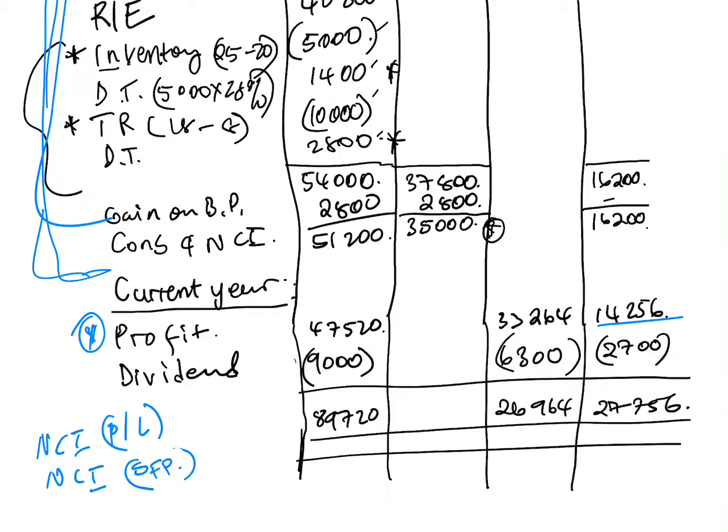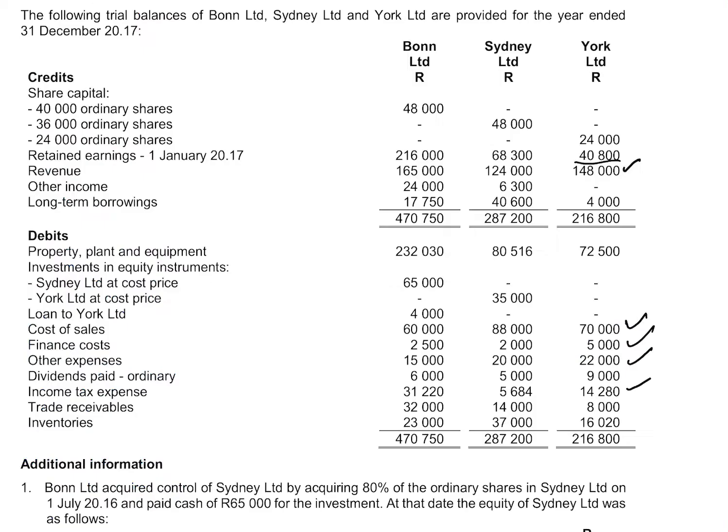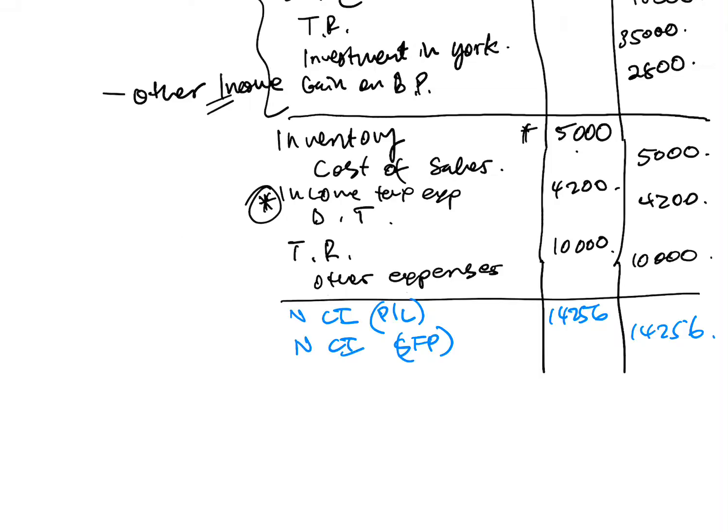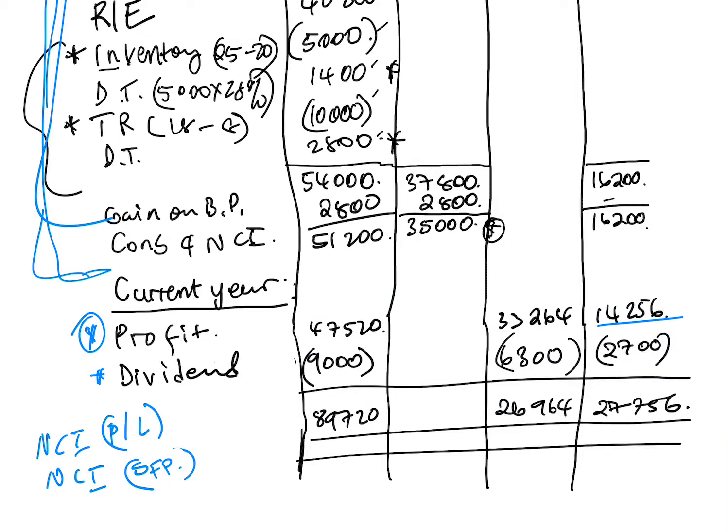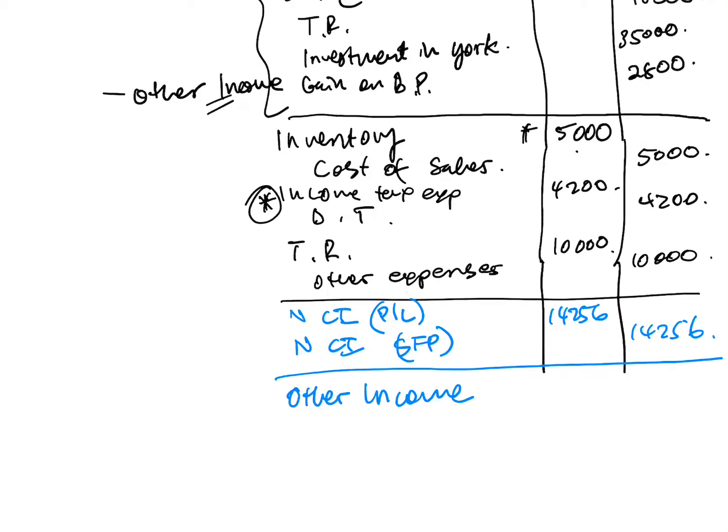Next, from our analysis, I'm just taking the figures. There is the dividend. So when we look at the dividend, we are saying that the parent received a dividend, and the dividend was coming from the subsidiary. So therefore, we are going to debit other income because it was an intra-group transaction. So the dividend, the parent received 6.3. So I'm going to come and debit 6.3.